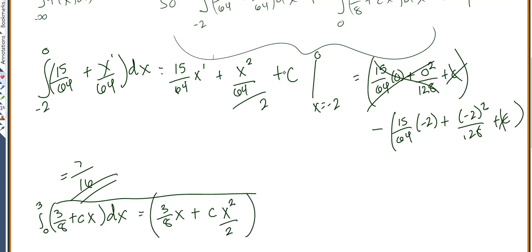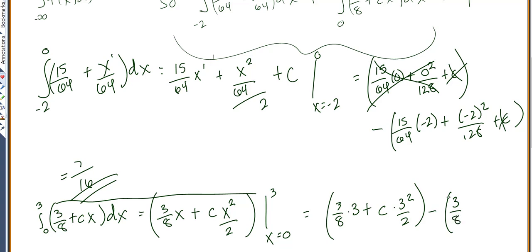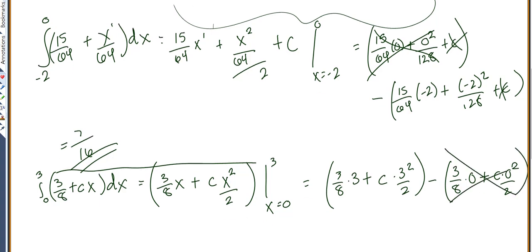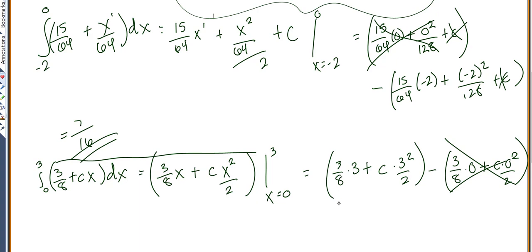Again, what I talked about, you don't have to worry about saying plus C if you know you'll have limits, so we'll just go from x equals 0 to 3. So when I plug in the 3 for the top, we'll have 3/8 times 3 plus c times 3 squared over 2, minus, now we'll plug in 0 for my lower limit, 3/8 times 0 plus c times 0 squared over 2. Once again, your zeros just all cancel out, but I do get 9 over 8 plus c times 9 over 2.